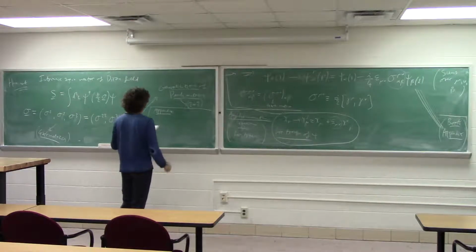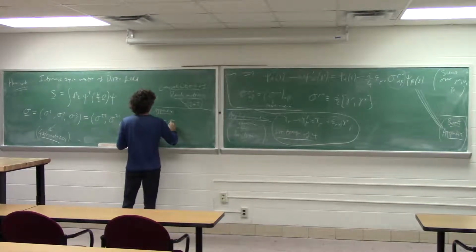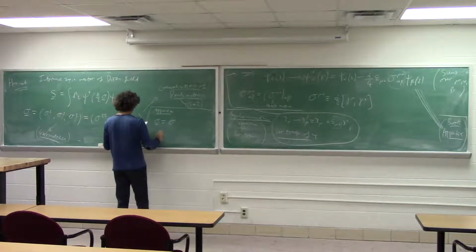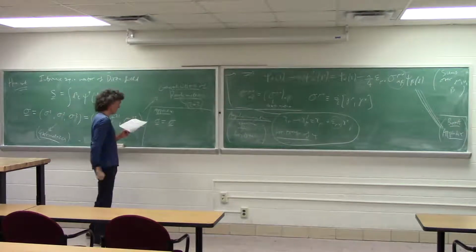You might suspect that sigma is maybe equal to, so we've got a set of three 4 by 4 matrices.